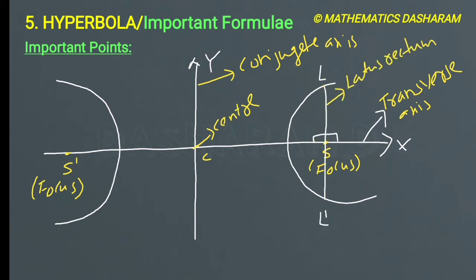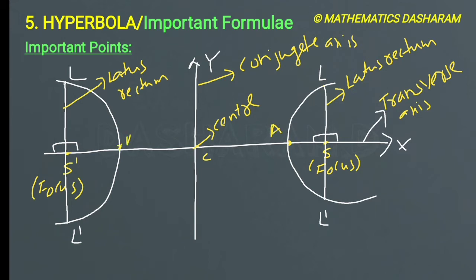We can draw one more latus rectum because we have another focus, S dash. So it is also perpendicular to the transverse axis. Here the intersection points are denoted with A and A dash. These two are called vertices.